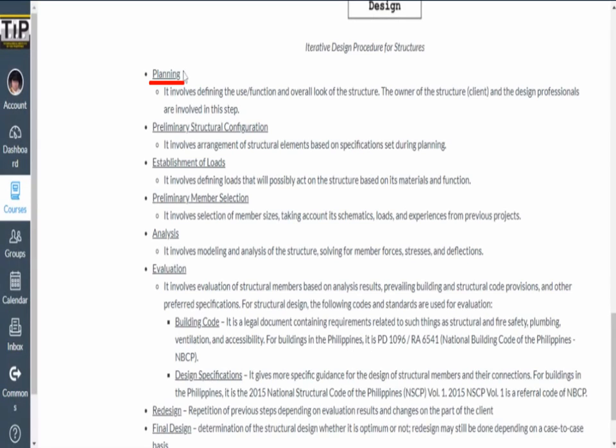Then depending on the results of the planning process, the structural engineer will now arrange the structural elements based on the specifications set during planning. So that would be the preliminary configuration. Preliminary because it may change, depending on the results of the evaluation, as I have shown earlier.